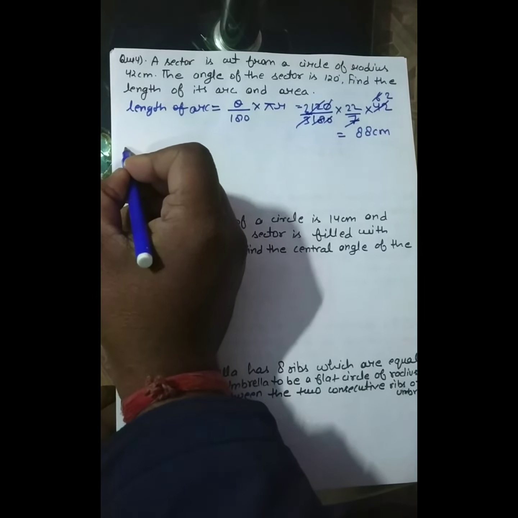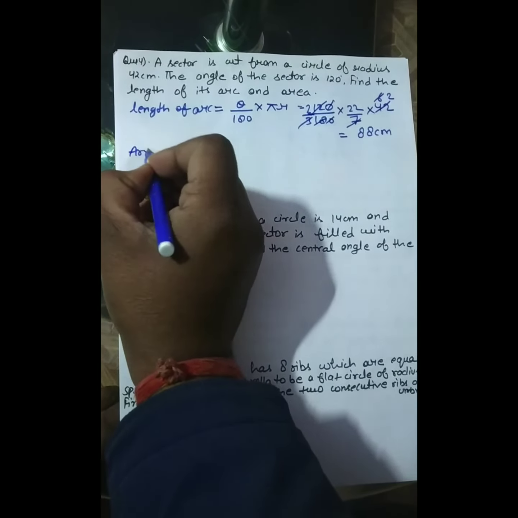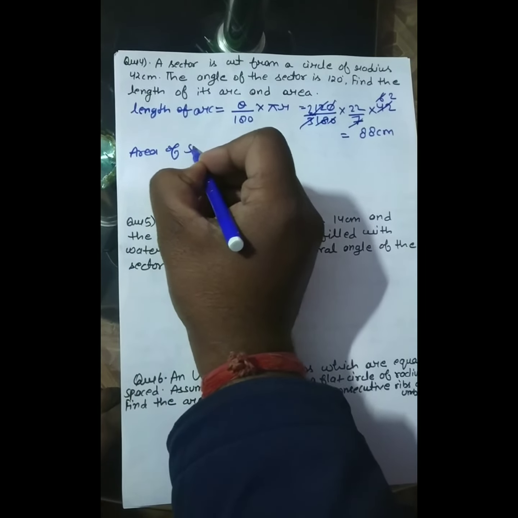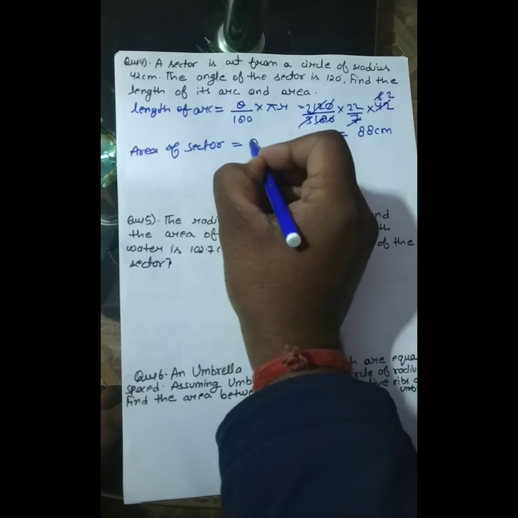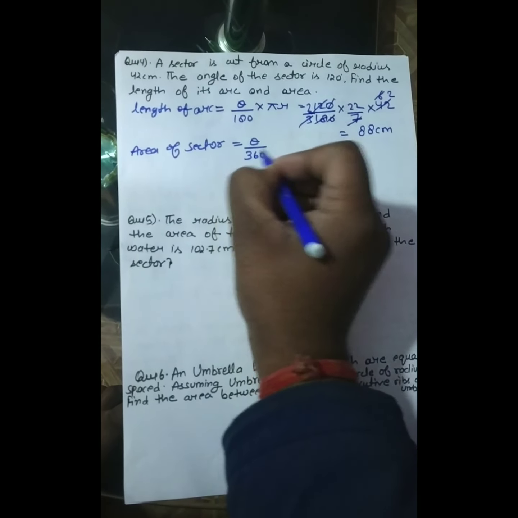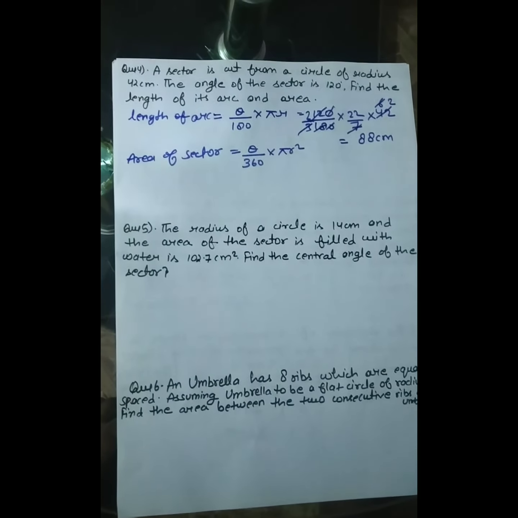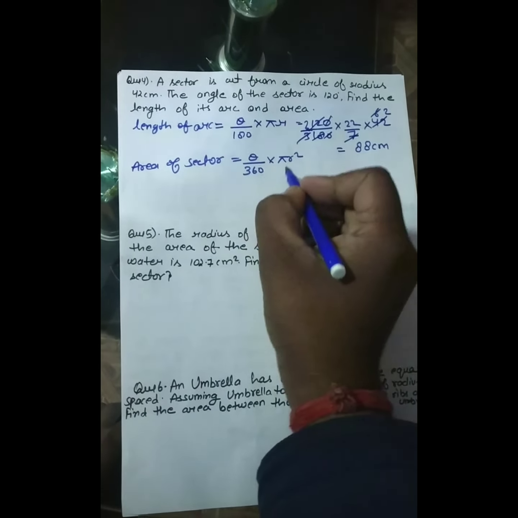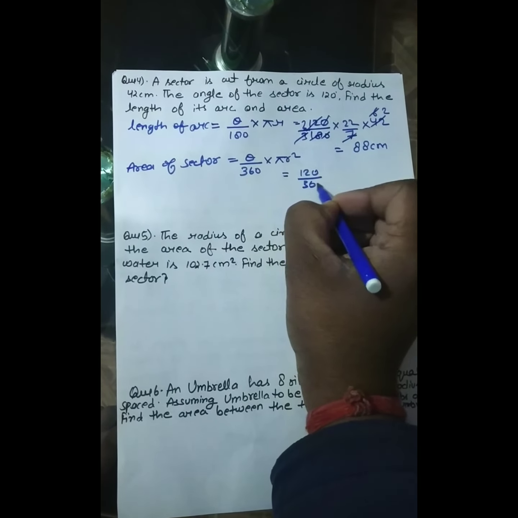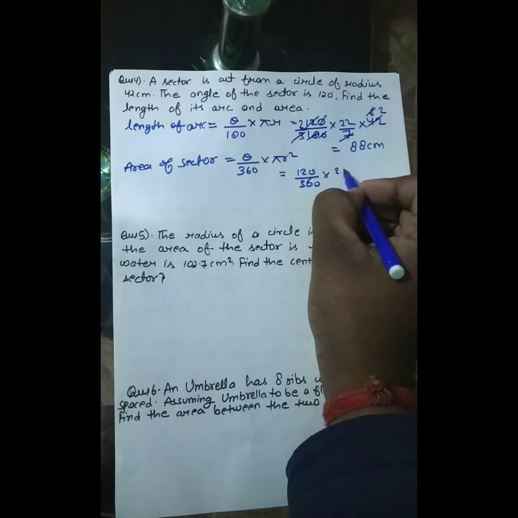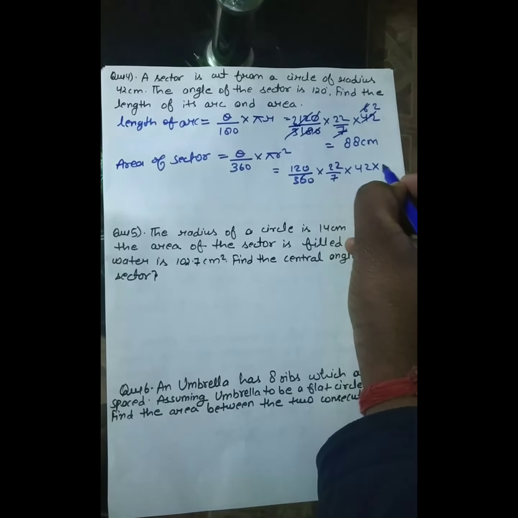Now to find out the area of the sector, that is equal to theta upon 360 into pi r square. So the value of theta is 120 upon 360 into 22 upon 7 into 42 into 42.